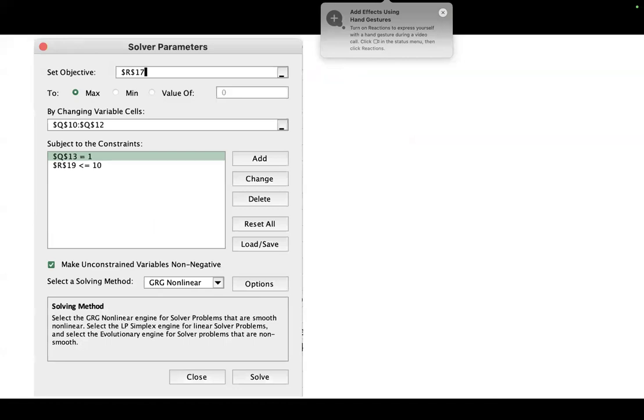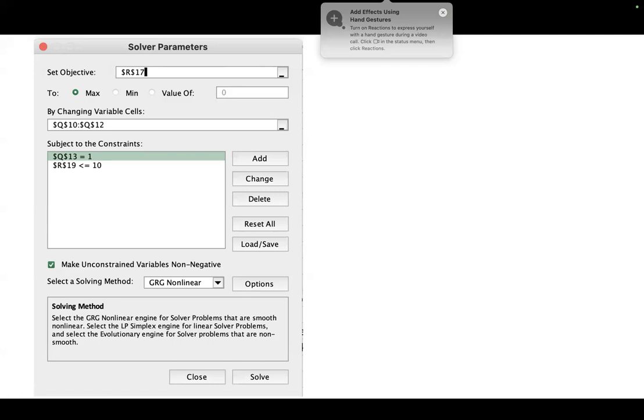How do we do it? There's one variable that you set as the objective, yes. You set that and then you want to maximize, for example, your return. So here, R17 that we have shows the return of the portfolio, for example. Yes.